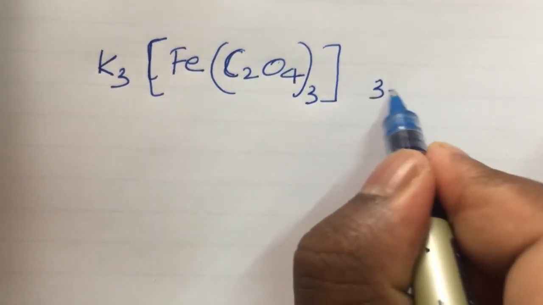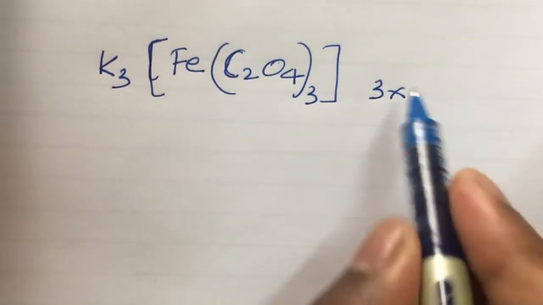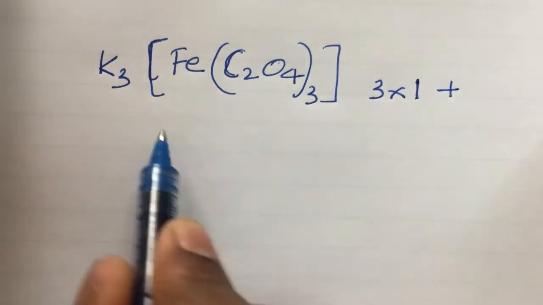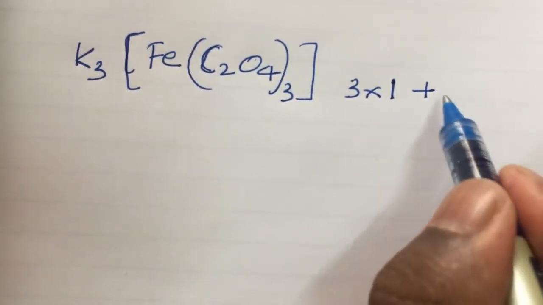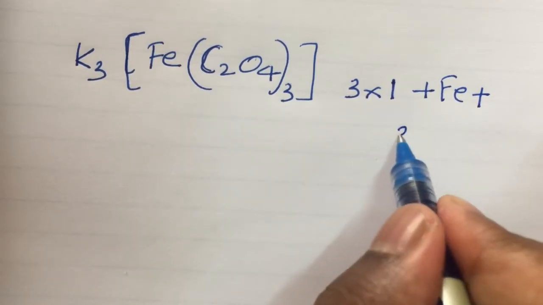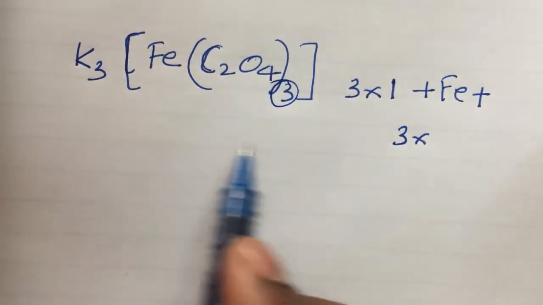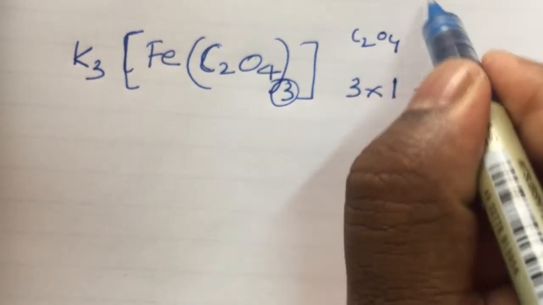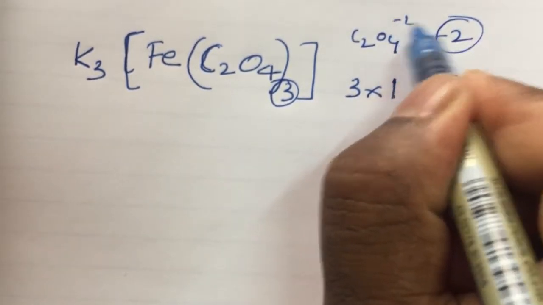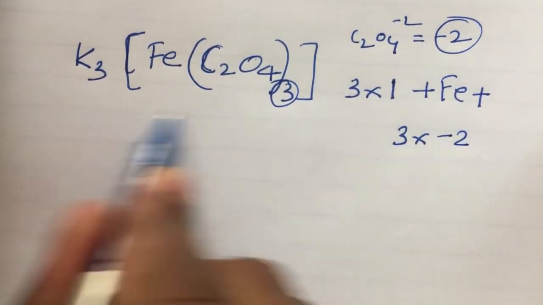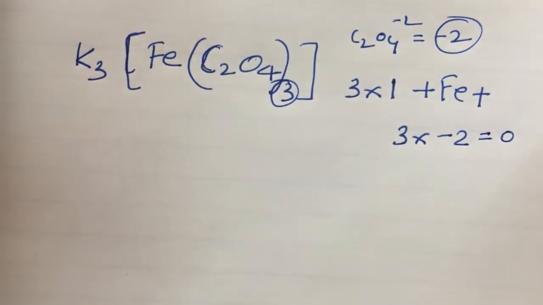K3, so 3 into 1, potassium is plus 1, so 3 into plus 1, plus Fe, plus 3 into the charge of C2O4. What is the charge of C2O4? Oxalate, minus 2. So 3 into minus 2, total charge is equal to 0.